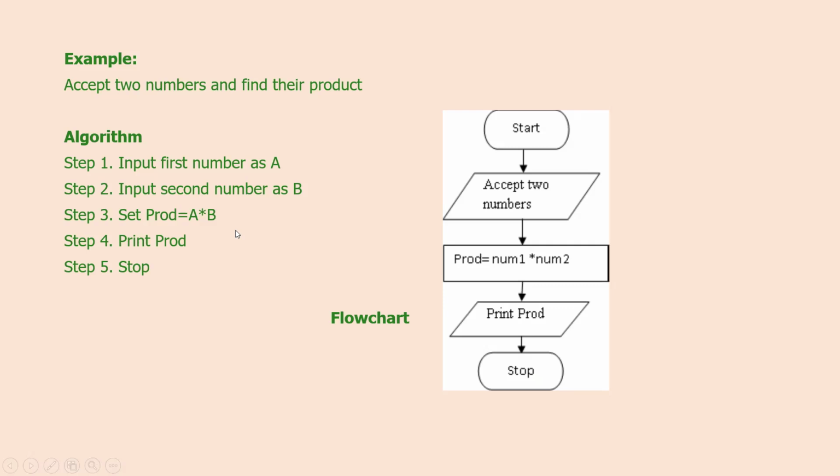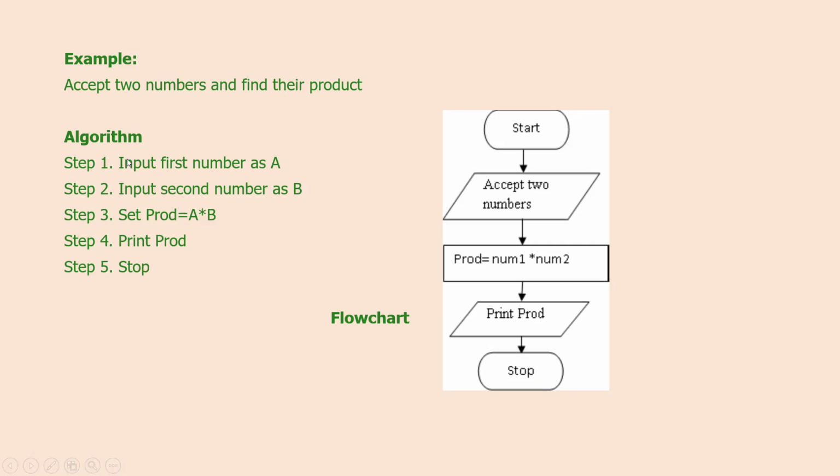First we write input first number, which we name as A. Then the second step, input second number as B. Then the third step, set the product value as A into B. Finally, it should be printed so the user gets the result. So we print the product. Finally, we can stop the execution.